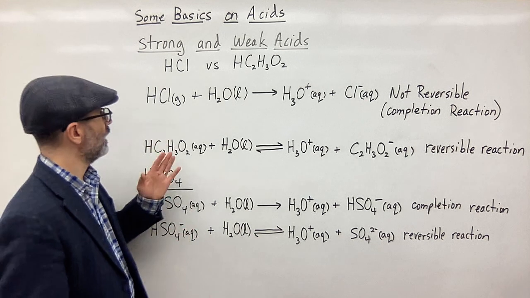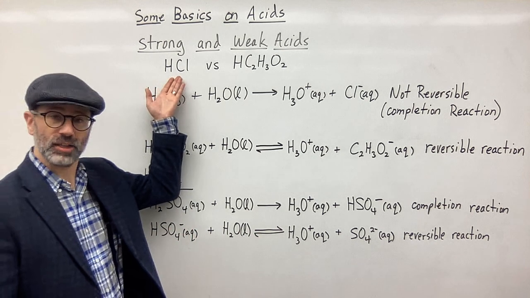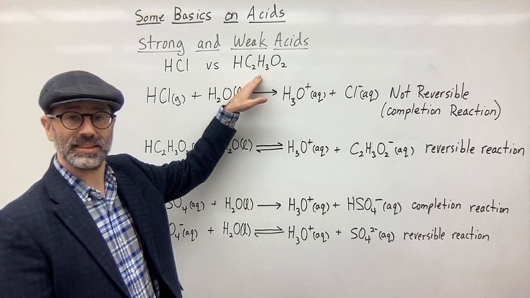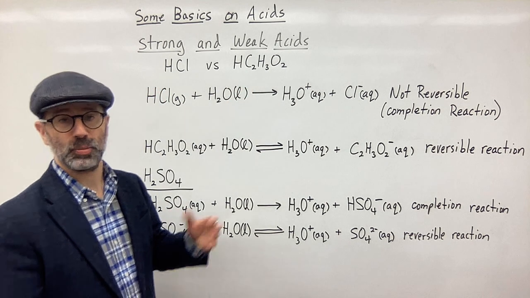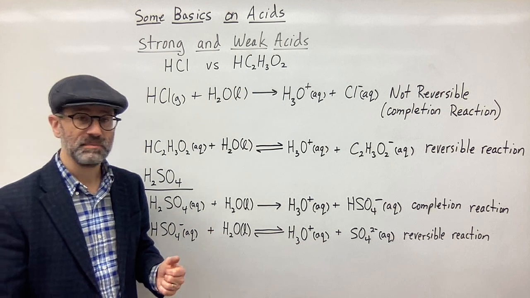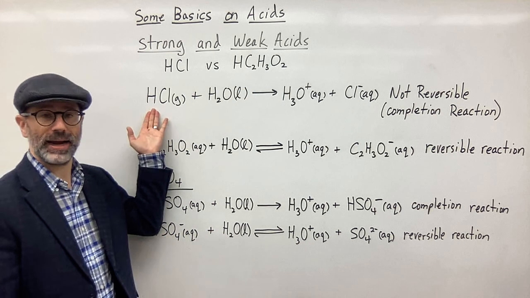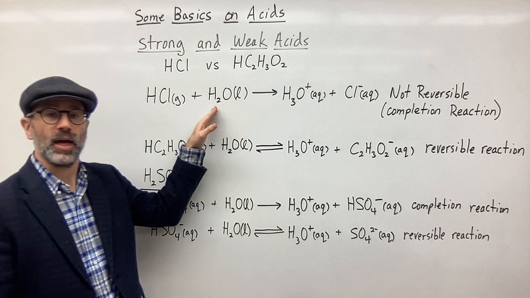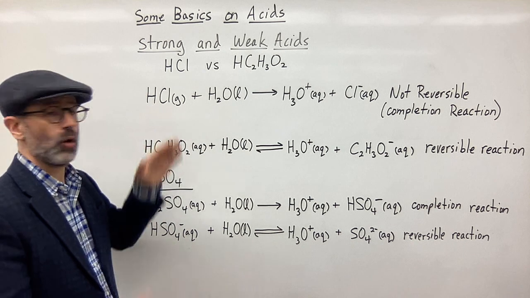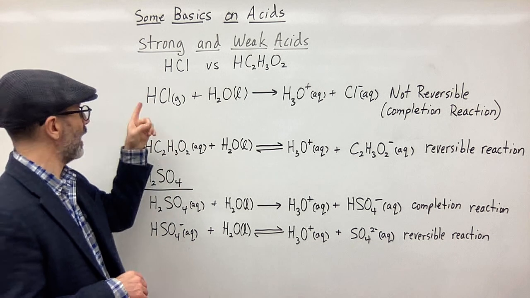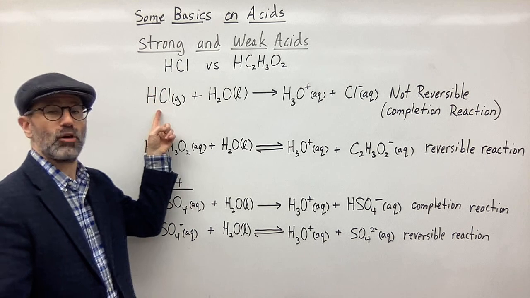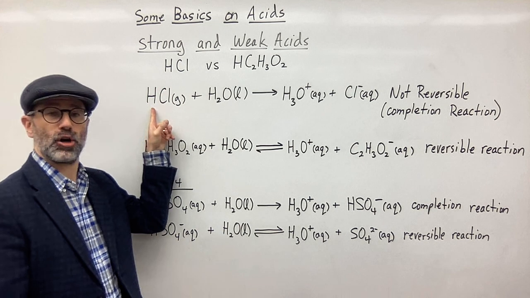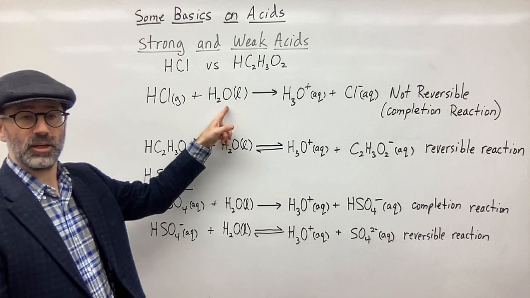Here, HCl is our typical strong acid, and acetic acid is our typical weak acid. If we take our strong acid HCl and throw it in water, all of this is going to ionize, meaning that almost every single molecule of HCl is going to transfer the H to water.